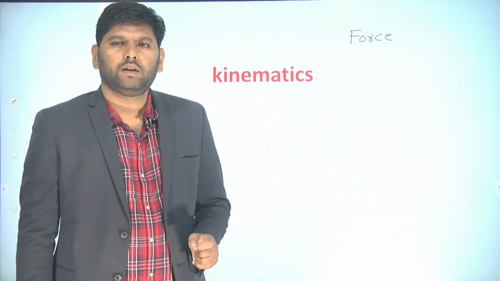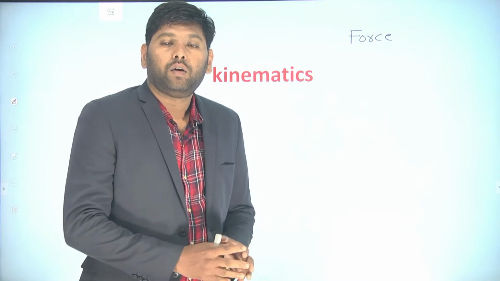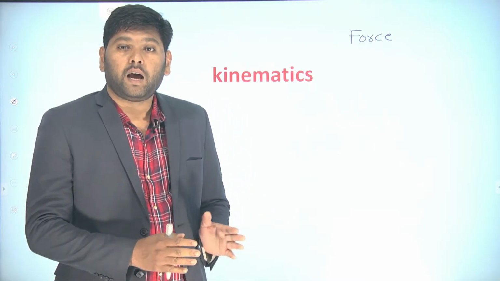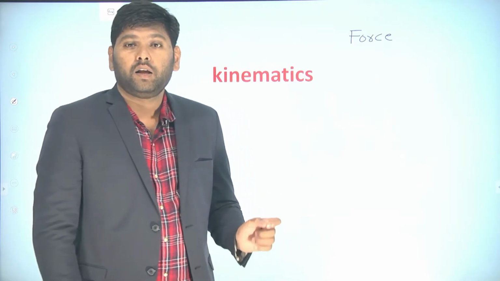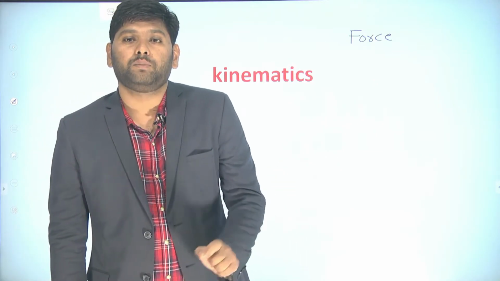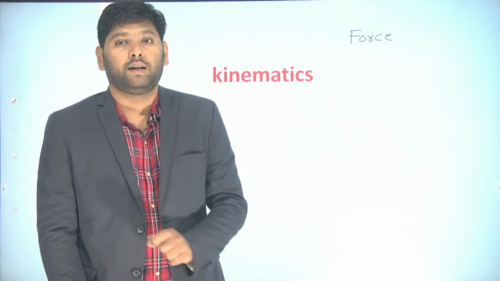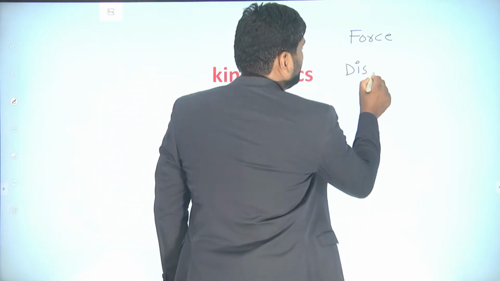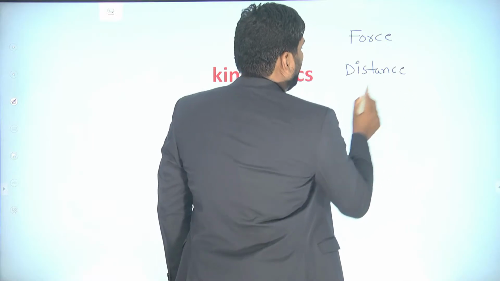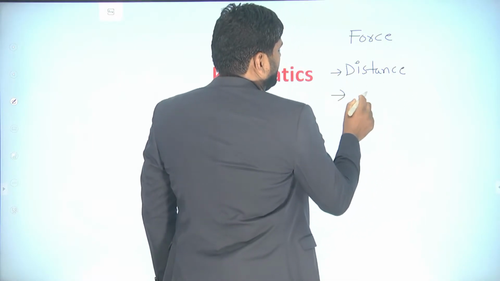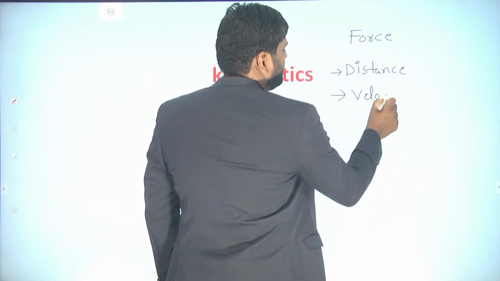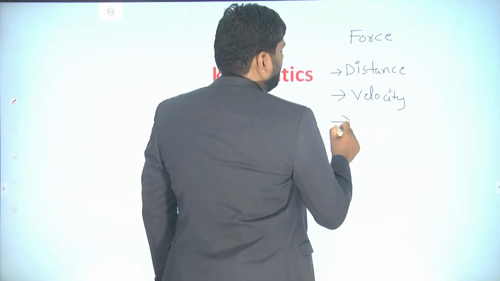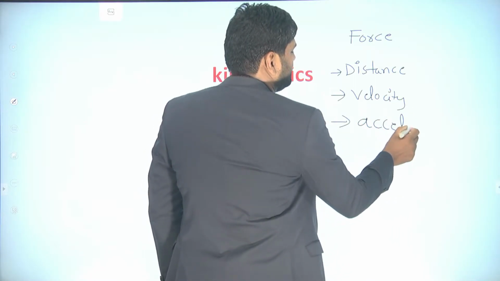Now children, what are the physical quantities we will use to explain the motion of the object? Those are distance, velocity, and acceleration.